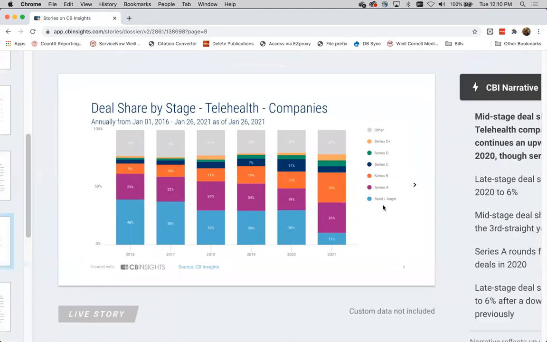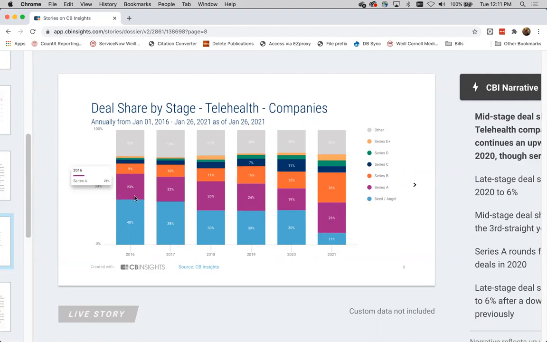Starting with seed stage, sometimes there's a pre-seed stage, that's the initial investment. And then each investing round gets a series letter after it. So Series A, Series B, I've seen Series H's. Each time a company moves on to the next phase before going public or getting acquired, they add another letter.